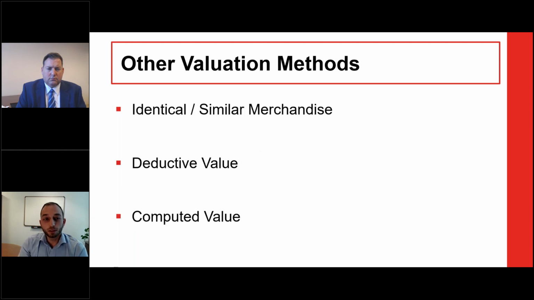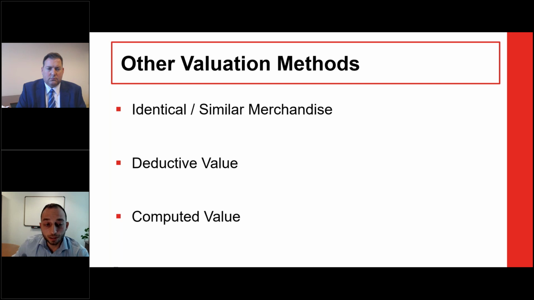In the next slide, we'll talk very briefly about other valuation methods. So if the transaction value is not appropriate, you can use the transaction value of identical or similar merchandise, or if that's not appropriate, then you would have to use either the deductive value or computed value.